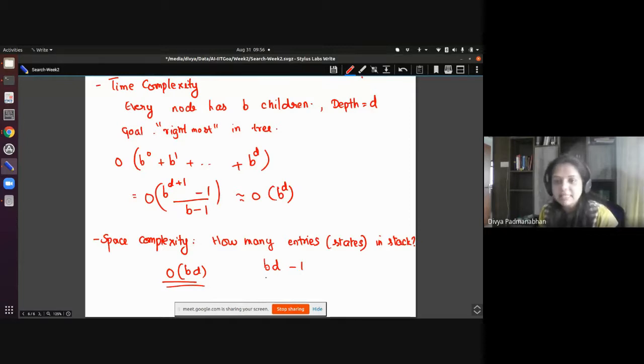It will not exceed this, right? This is an upper bound, and at max one more node. So maybe in each depth you will have one more D, so BD minus D plus 1 you might have. But in terms of the factor which matters, it's this product, order of B times D.